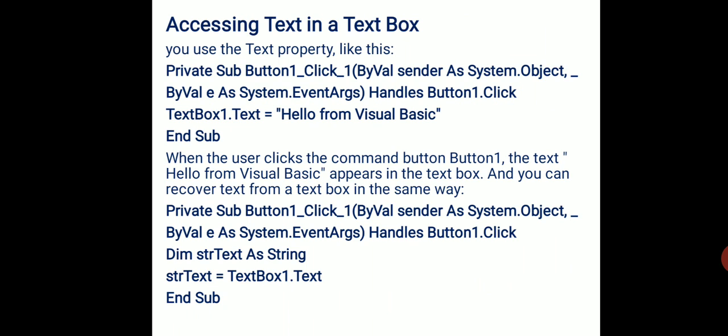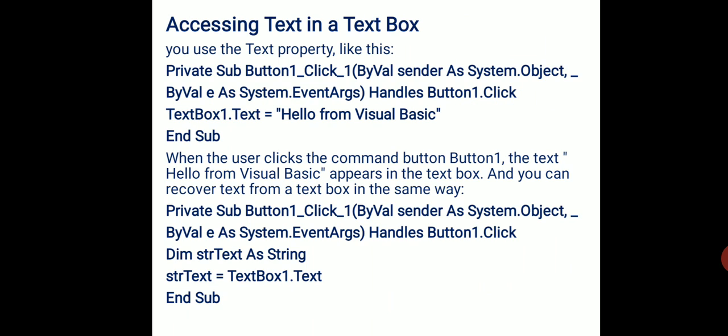Now accessing text in a text box, you can use the Text property like this. See the Button1's Click event. When you click Button1, TextBox1.Text equals "Hello from Visual Basic". When a user clicks the command button Button1, the text "Hello from Visual Basic" appears in the text box, and you can recover text from a text box in the same way.